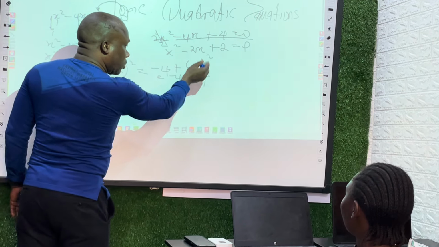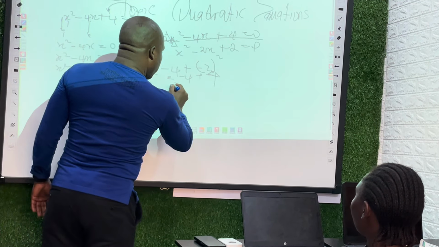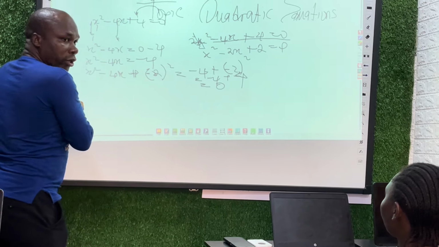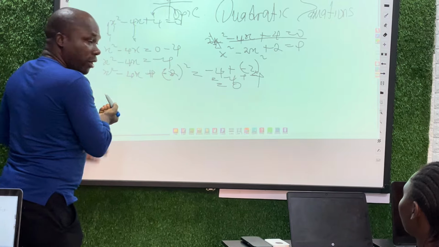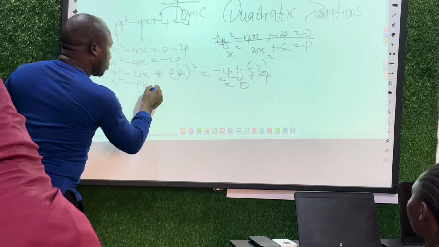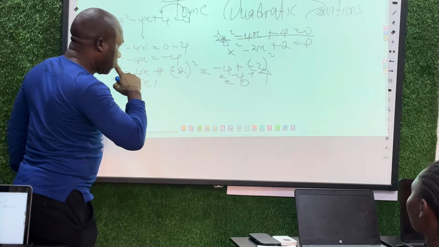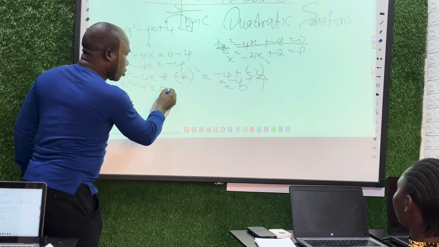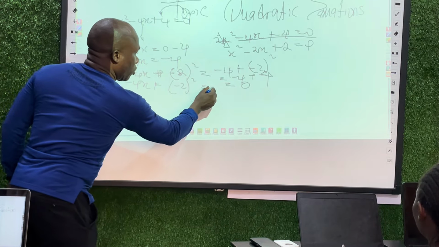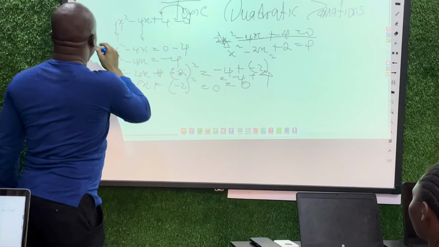Minus 4 plus this, it should now be 0. Let's go to the left hand side. You have x squared minus 4x plus, watch, plus minus 2 all squared is equal to 0. Are we right? Okay.